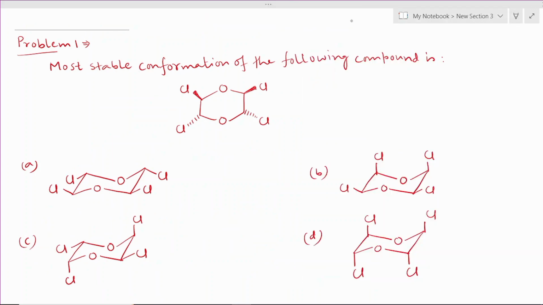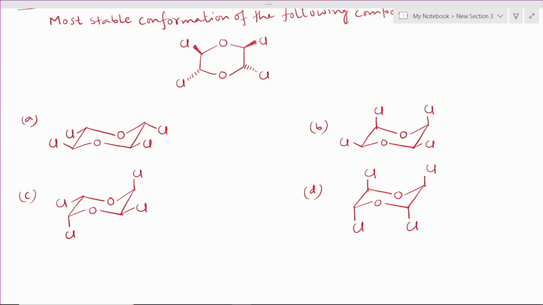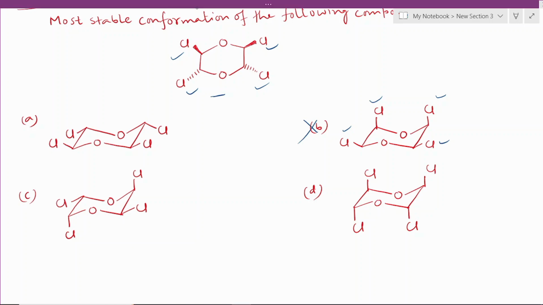So in this problem we have to find out the most stable conformation of this compound. We can see that in this conformation 2 chlorines are above the plane and 2 chlorines are below the plane. But in B we can see that all 4 chlorines are in the above the plane position. So this cannot be the correct conformation. These 2 chlorines, alpha to the oxygen, are above the plane, and the other alpha 2 chlorines are below the plane.